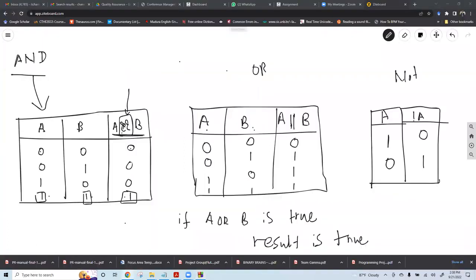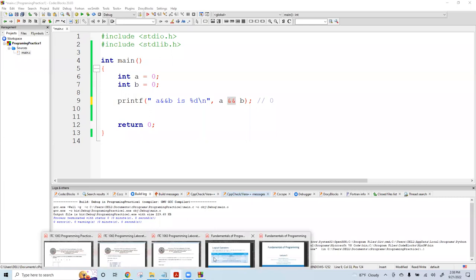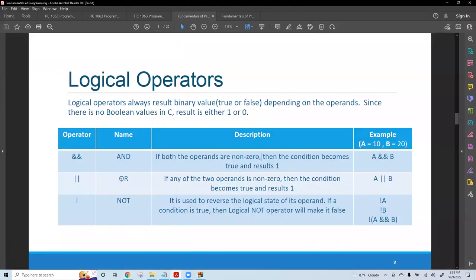Right? Or logical or, if any of the two operands is non-zero. Deking එකක් හරි zero නොවන එකක්, the result would be 1. If any of the two operands is non-zero, then the condition becomes true and the result would be 1.